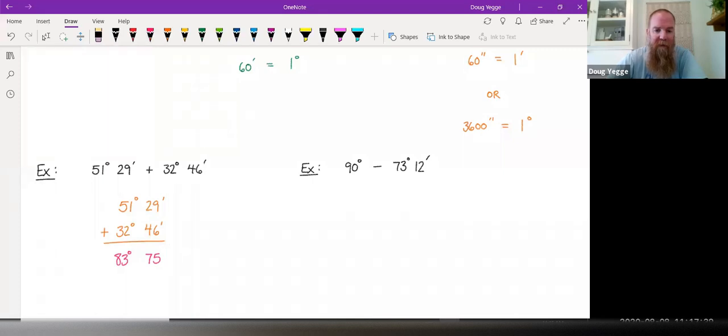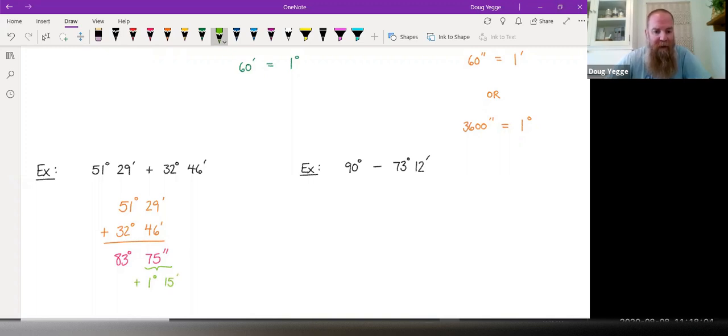Now think about 75 minutes in terms of time. Okay, 75 minutes is more than an hour. So that means that this piece right here is going to be more than 1 degree. So we could think of 75 minutes as actually being 1 full degree, because that's 60 minutes, with 15 minutes left over.